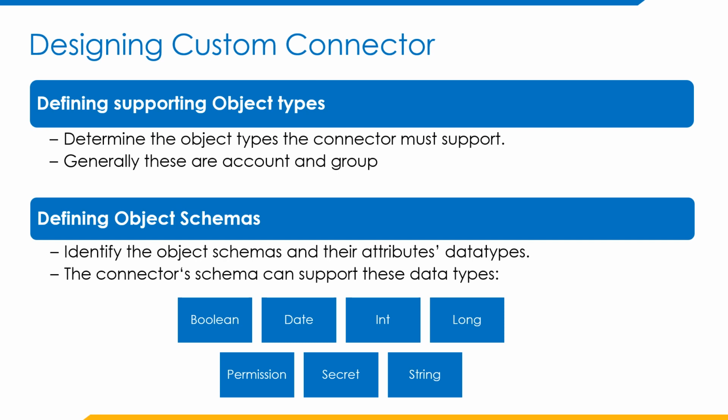The connector schema can support any of these data types: Boolean, date, int, long, permission, which is a SailPoint class with rights and targets, secret, which is an attribute that should not be logged or displayed to any end users, and finally string.